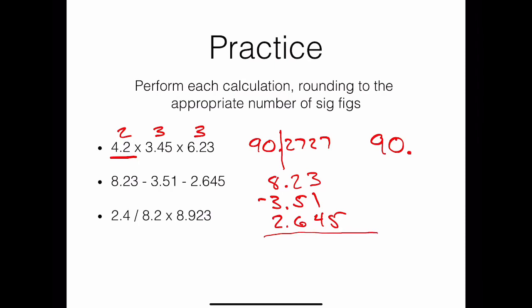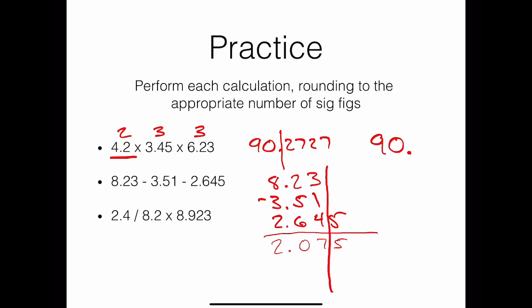So when we put this in the calculator, 8.23 minus 3.51 minus 2.645, we get 2.075. And addition and subtraction work a little bit differently because the way you approach this is to go to the number that goes the least far past the decimal point. So lining these up, we can see that both 8.23 and 3.51 go 2 places past the decimal point. So that is where we're going to cut off our answer, right there.